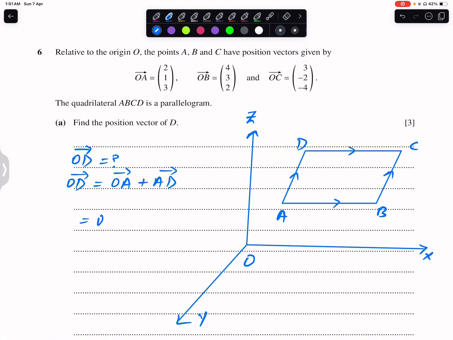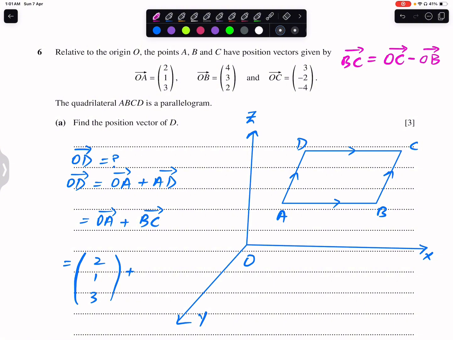But as you know that AD is not available, instead of writing AD, you will write BC, because AD is equal to BC. So now it's very easy. Just write OA here. The coordinates of OA are 2, 1 and 3. And you know that BC, we have studied this formula, any vector BC can be written as the position vector of the second point minus the position vector of the first point.